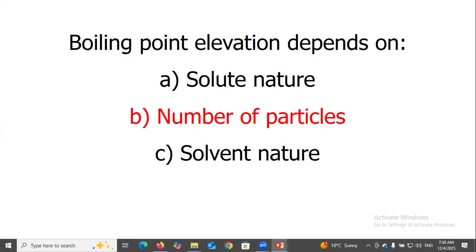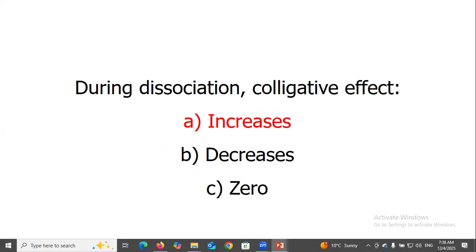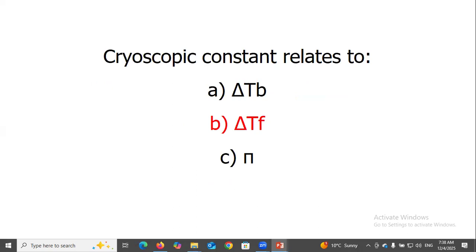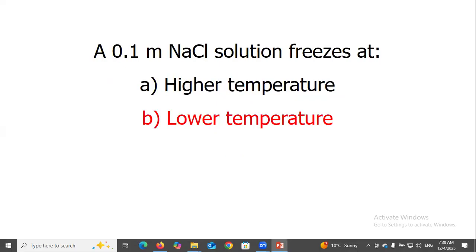Boiling point elevation depends on number of particles. During dissociation, colligative effect increases. The cryoscopic constant relates to delta T of freezing. 0.1 molar sodium chloride solution freezes at a lower temperature.